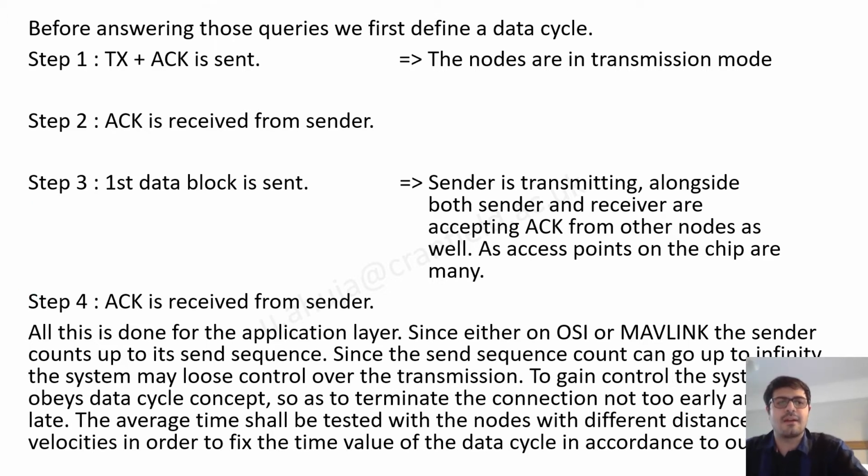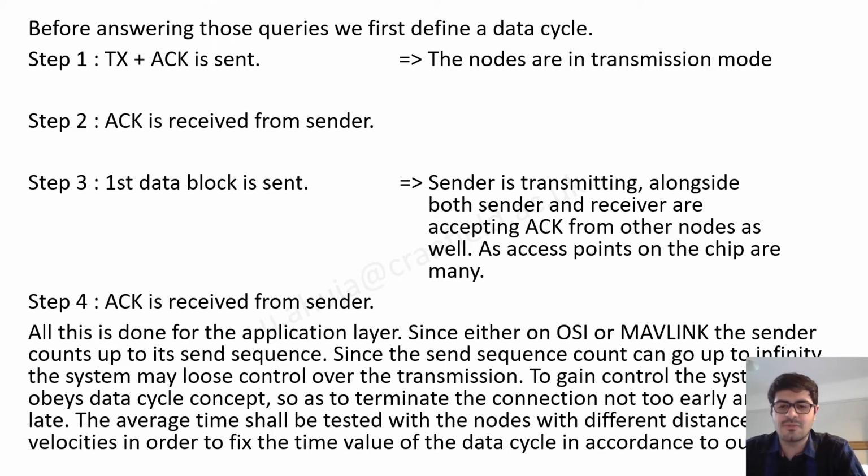All this is done for the application layer, since either on OSI or Mavlink, the sender counts up its send sequence. Since the send sequence count can go up to infinity, the system may lose control over the transmission. To gain control, the system obeys a data cycle concept so as to terminate the connection not too early and not too late. The average time shall be tested with the nodes at different distance scenarios and velocities in order to fix the time value of the data cycle.